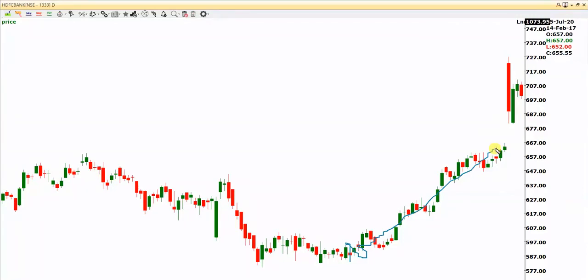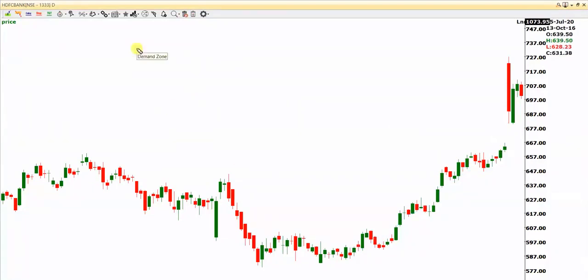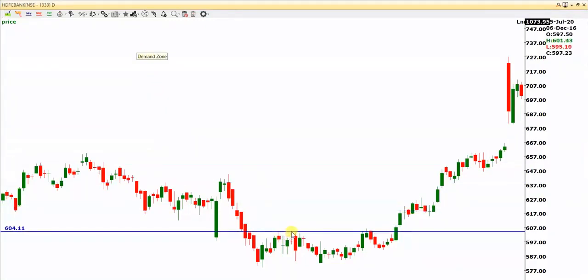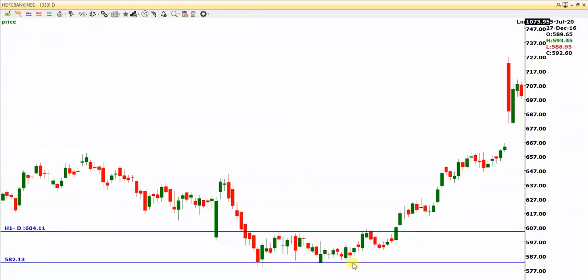Now what do I have to do in this accumulation phase as an investor or as a trader? Let me explain for an investor, right? If you are an investor, I suggest you wait for the price of this particular stock to go above this box or accumulation area.